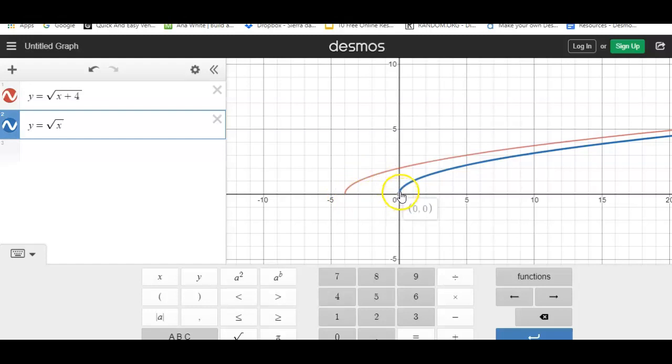So if the parent function needed x greater than 0, now you can see we can go all the way over here on our graph 4 to the left. So that's another way to think about it, but you can also see that on either the parent function or this example, radical x plus 4, the y values are always positive.